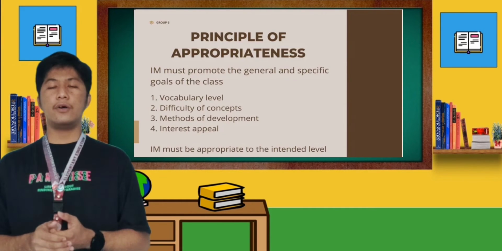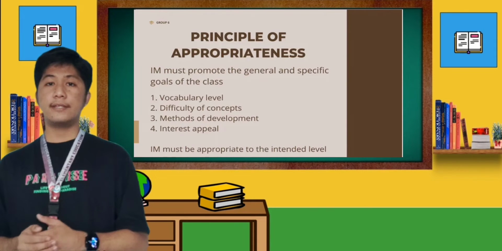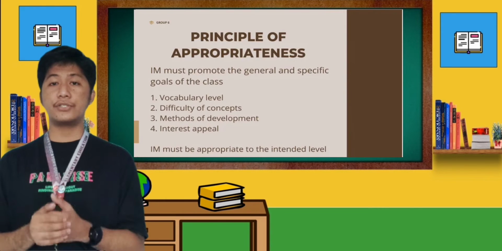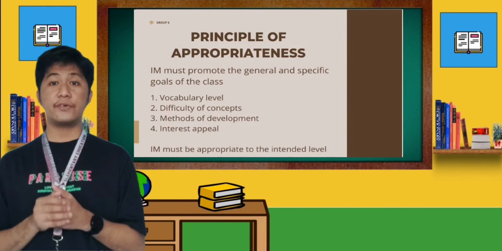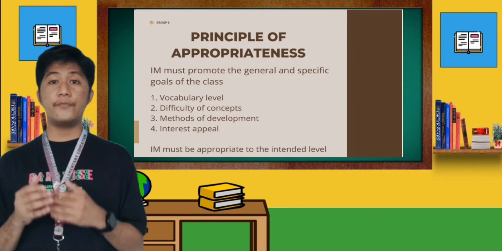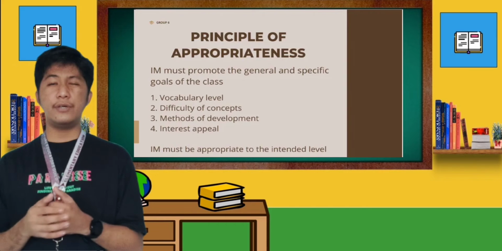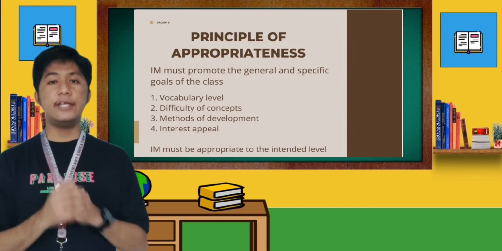In a simpler manner, when we say principle of appropriateness, select instructional materials that will be consistent with and hit the learning objectives of your class or of your learning process. Do not cover too much or too little, but just exactly within your learning objectives.